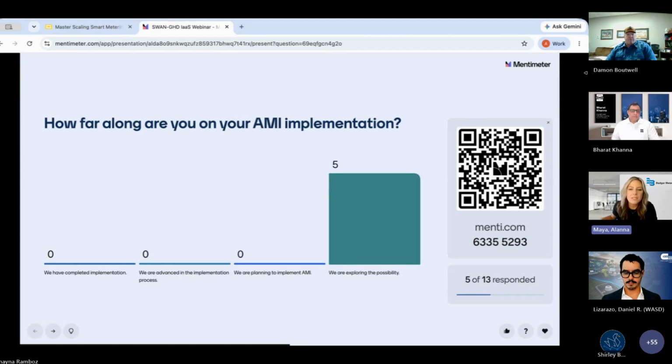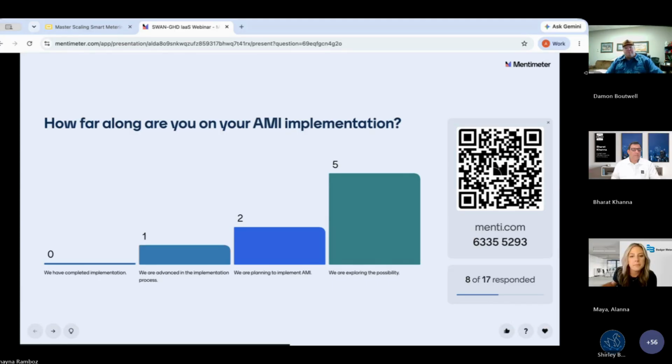You can start seeing the responses coming in. It looks like people are planning to implement, exploring the possibility. Nobody's complete yet. Okay, we've got one person saying that they've completed their implementation. That's great.